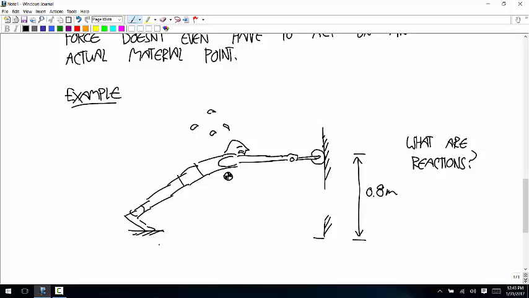Okay, so let's say that it's 0.5 meters from the foot contact to here. And we're going to treat this like a friction contact. And this we're going to treat like a roller.